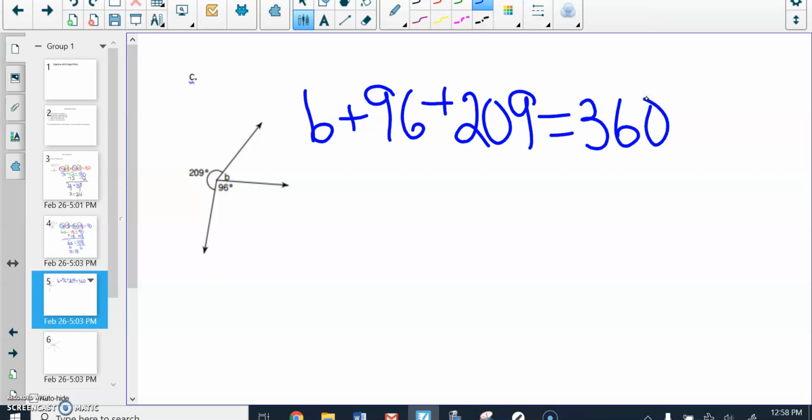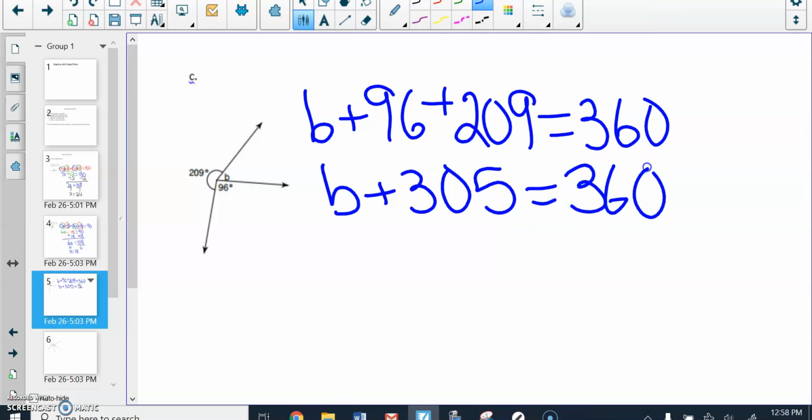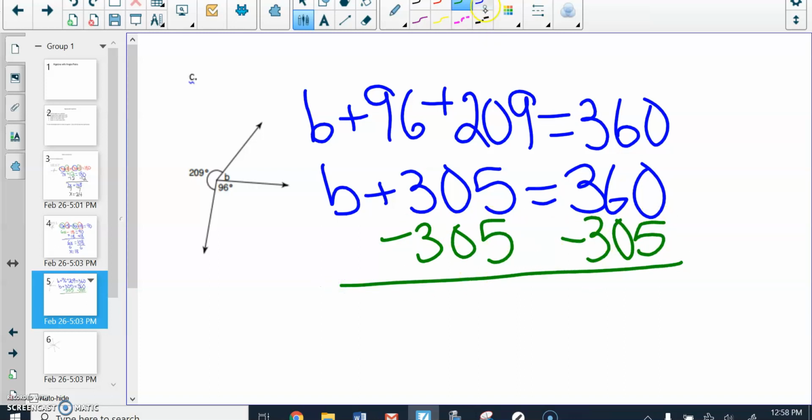Adding together 96 with 209, I get b plus 305 equals 360. Now I can do my inverse work, so I'm going to subtract 305 from each side. And I get the value of b is 55.